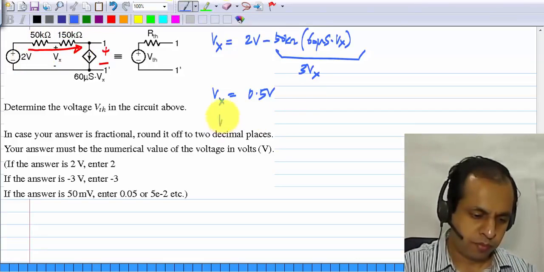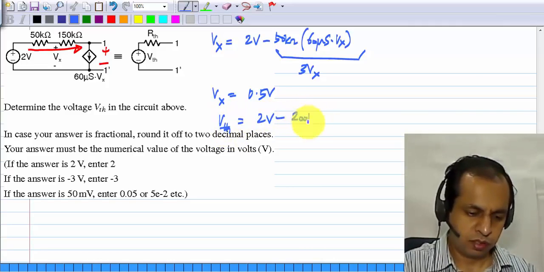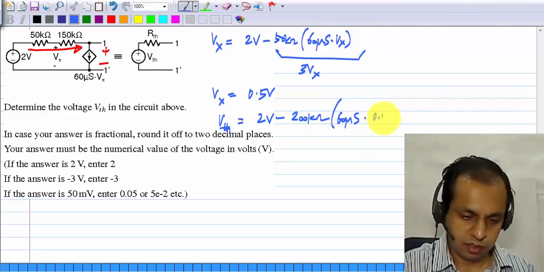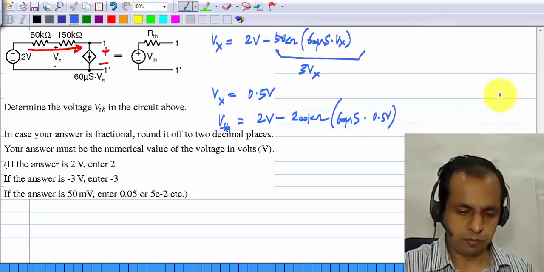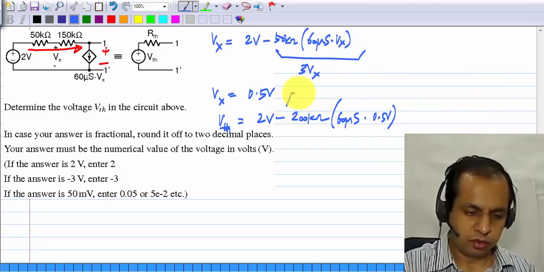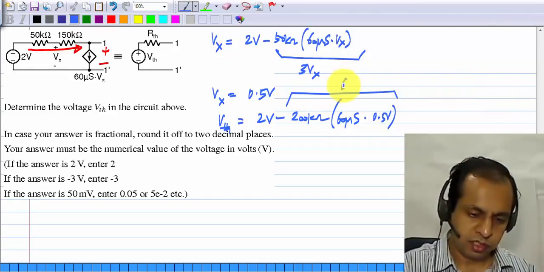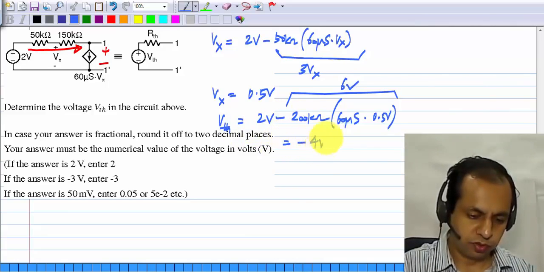Okay, so Vth is 2 volts minus 200 kilo ohms times the current, and the current is 60 microsiemens times half a volt. Okay, and this whole thing comes out to be 6 volts. So the Thevenin voltage is 2 volts minus 6 volts, which is minus 4 volts.